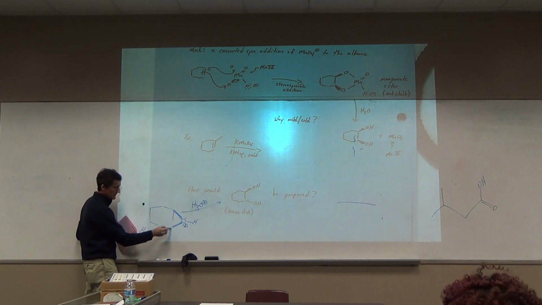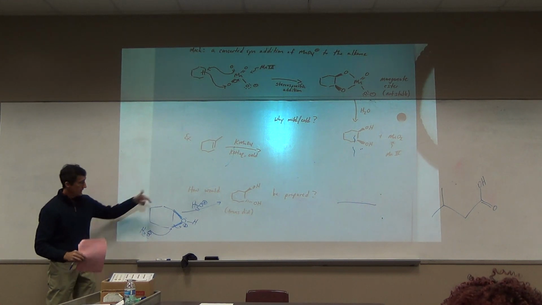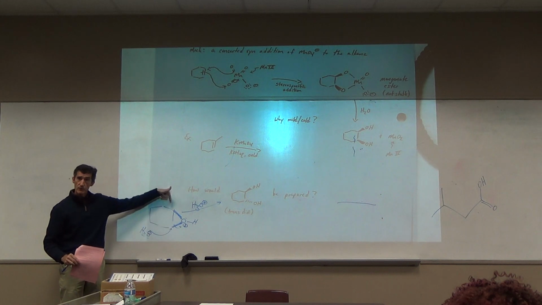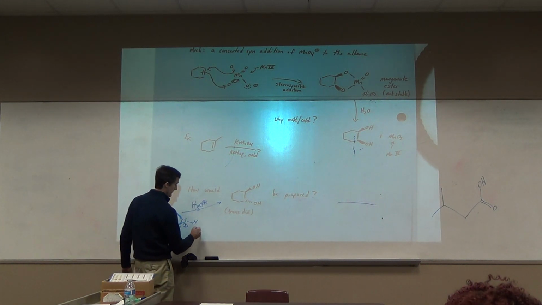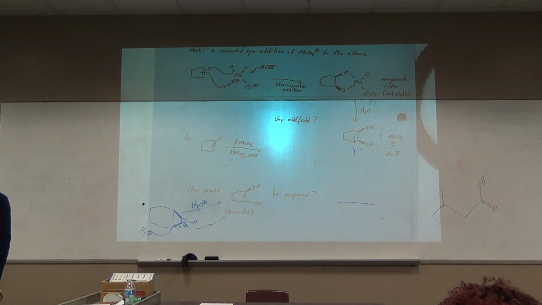On the backside. And so this bond would now be back where that would be forward. Okay. So epoxide chemistry would give you the trans diol, where this oxidation chemistry gives you the cis diol.